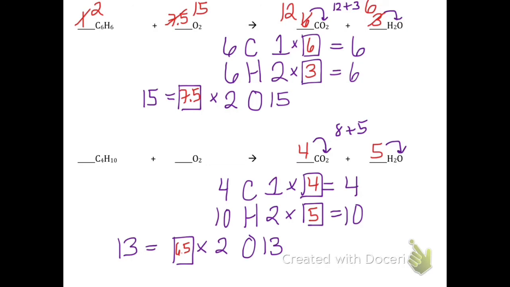So if I do that, I can put 6.5 here and a 1 here. Now, we can't have halves, so all we have to do is double every number. So 1 becomes 2, 6.5 becomes 13, 4 becomes 8, 5 becomes 10. So the answer is 2, 13, 8, 10.